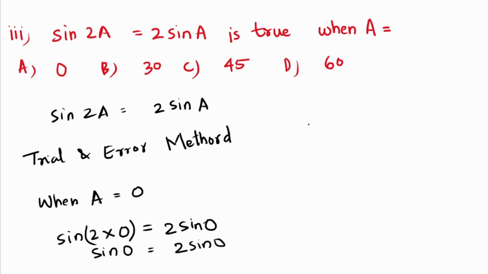Sine 0's value is 0. 2 sine 0 is also 0, right? 2 into sine 0 is 0 only, right? So we're getting 0 equals 0, which is LHS equal to RHS. You don't have to check any other options because it is single correct, I assume, and you get that when A equals 0, this is true. So the option is right.